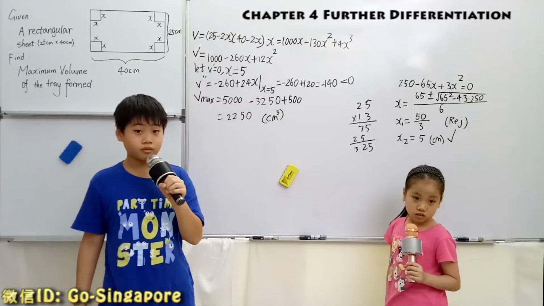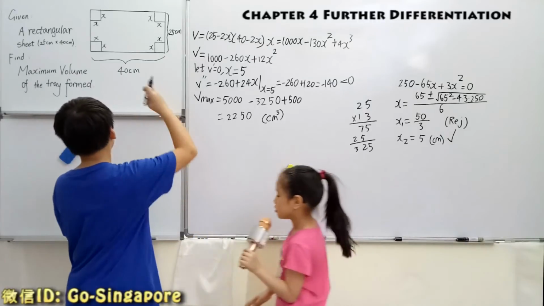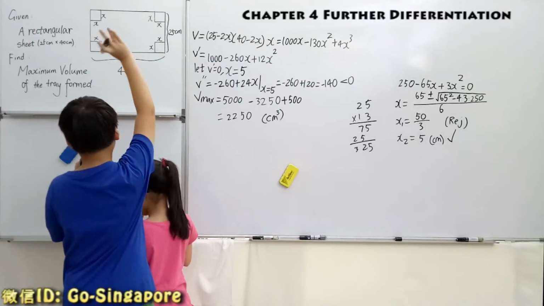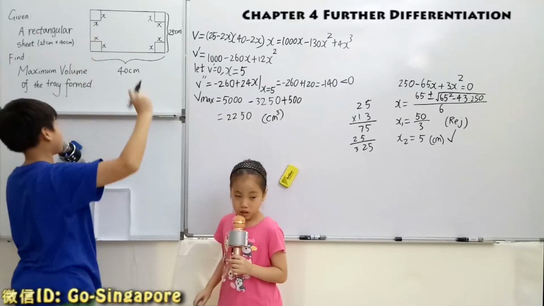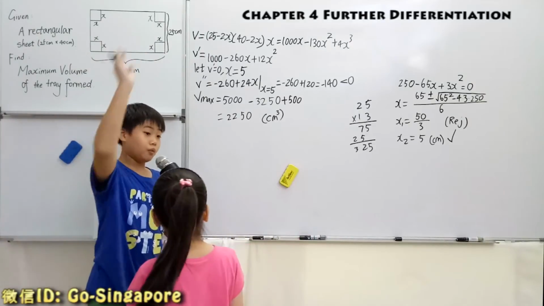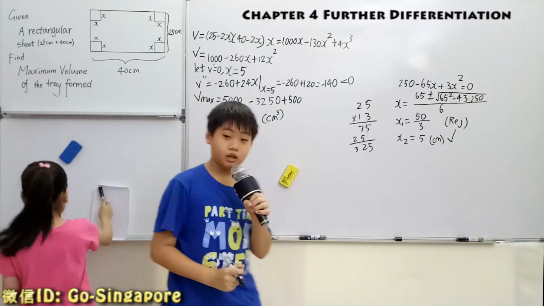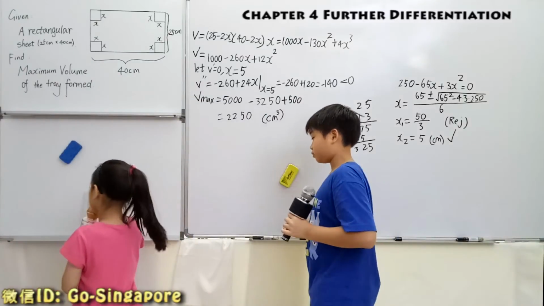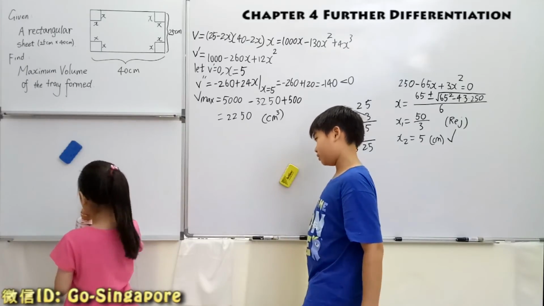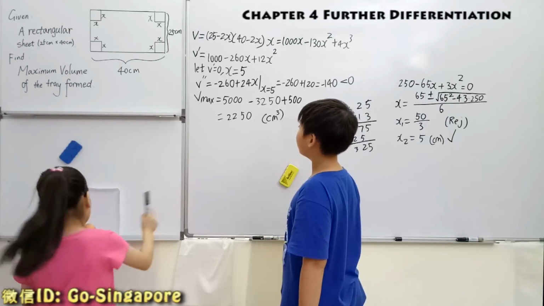Summarize. Remember there are many types of these rectangular sheets. You can make one with a cover and one without a cover, and you take the corners down at 5, right? So 40 minus 2 times 5 is 10.